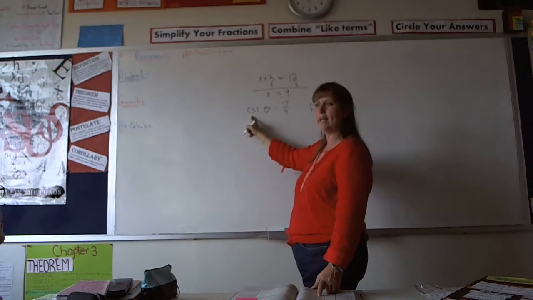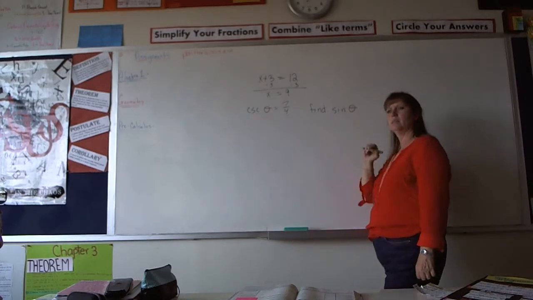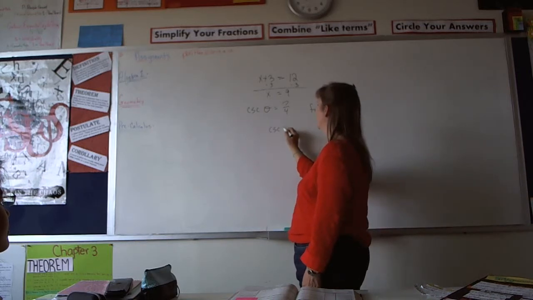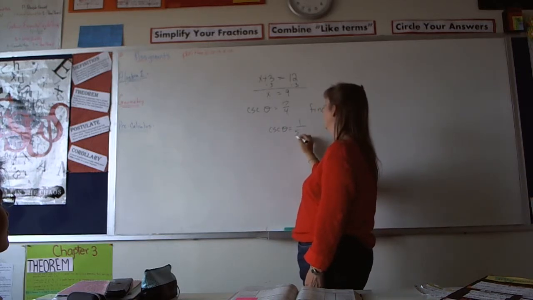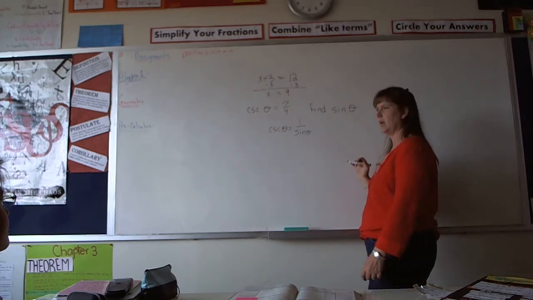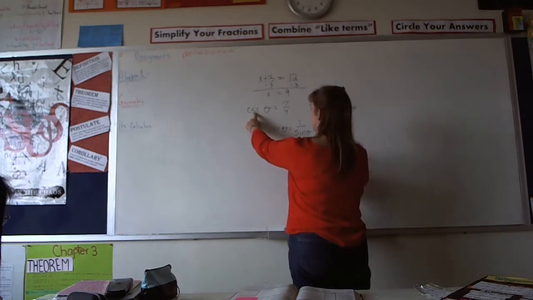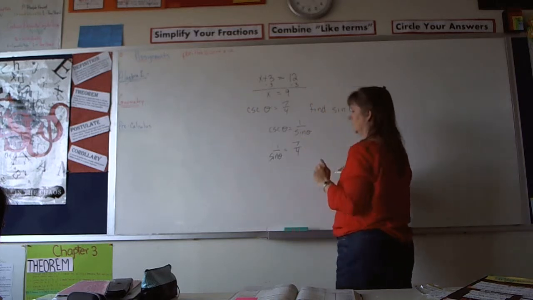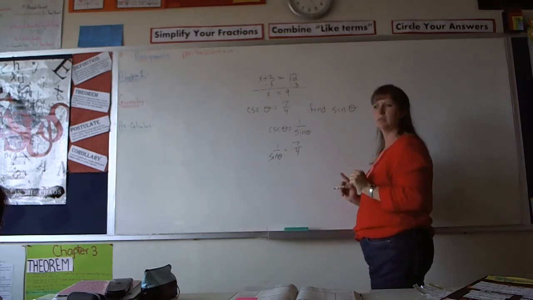So what do you know relating cosecant and sine? Reverse it, right? We know that the cosecant of theta is equal to 1 over the sine of theta. Easy, right? So we replace this with 1 over the sine of theta is equal to 7 over 4. How do we solve for the sine of theta?